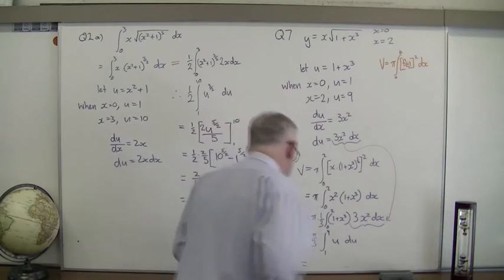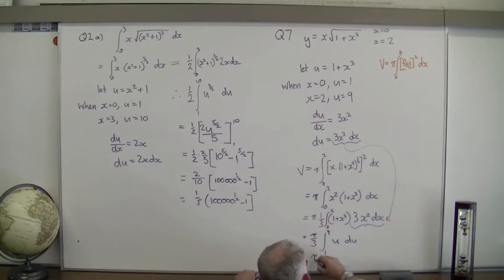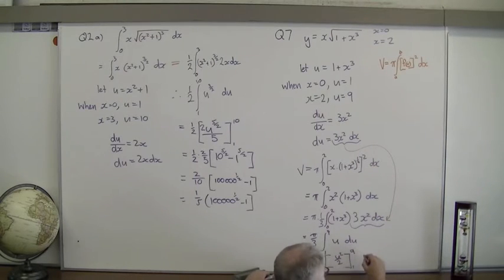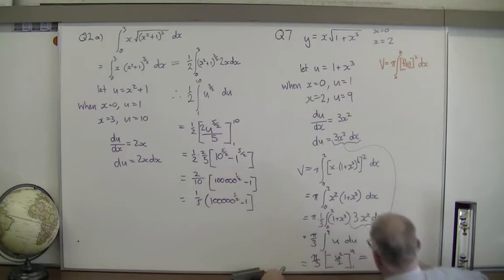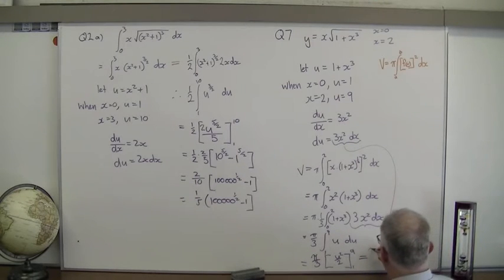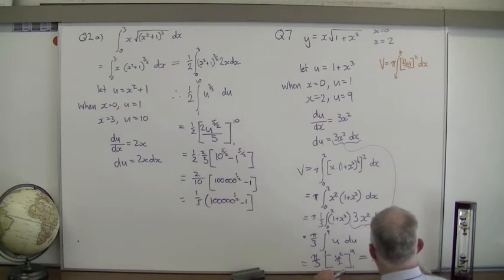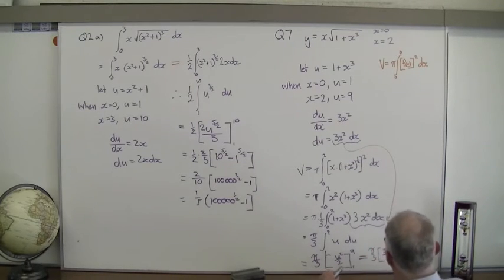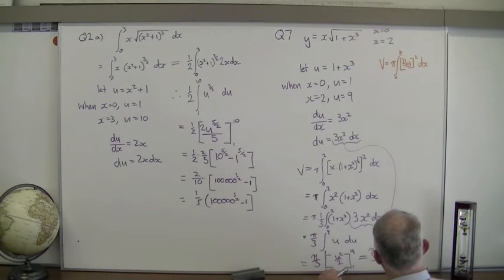That'll be pi on 3 outside of u squared on 2 with the limits of 1 to 9. Sorry that I've run out of space here a little bit. So we'll have pi on 3 outside of 81 minus 1 on 2, which in the end will give us 40 pi on 3?